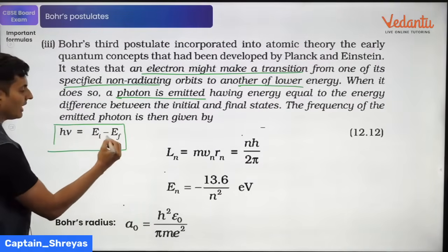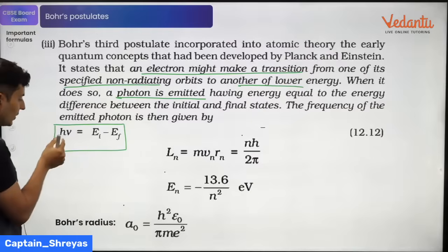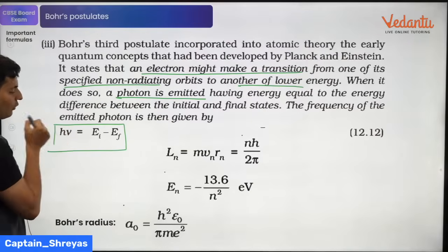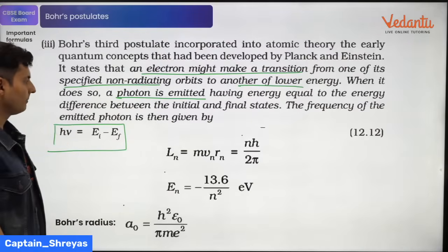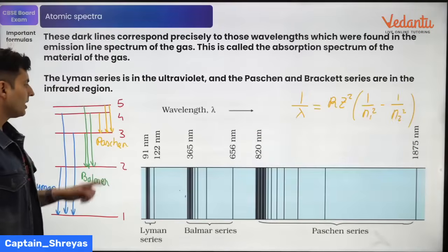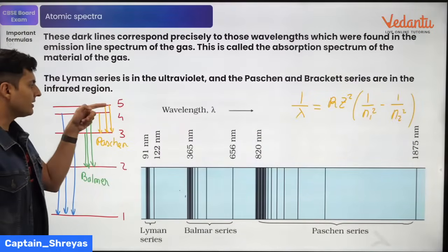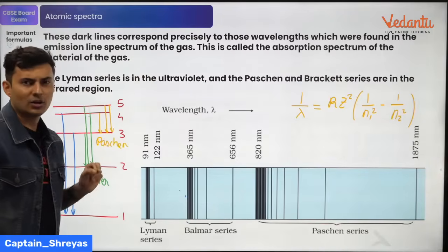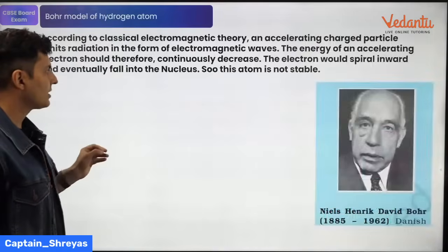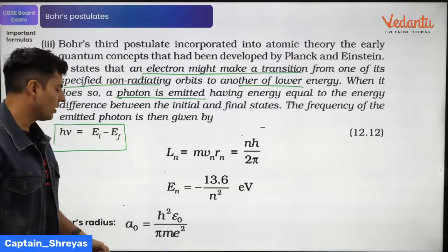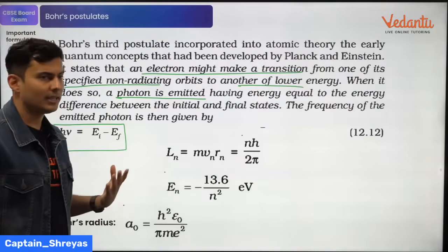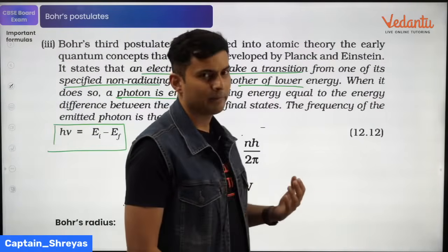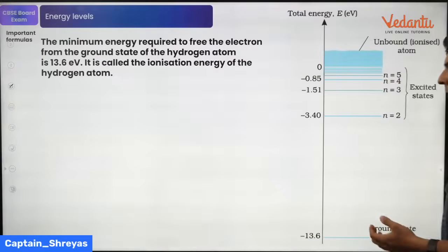The difference of the energy of the levels goes into the energy of that photon. Like over here, if it goes from 5 to 3, there is energy here, there is energy here. The difference of the energy is the energy of the photon. That's what the next postulate is all about. From this only you can find anything else. Okay, keep this in mind. Everyone cool? Let's move on.